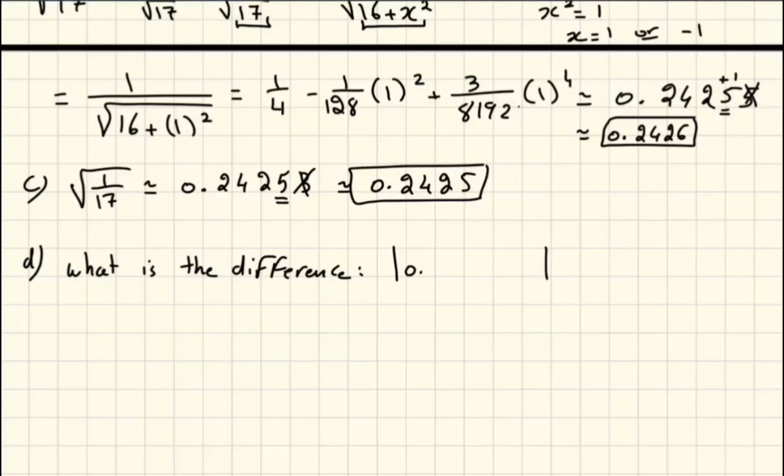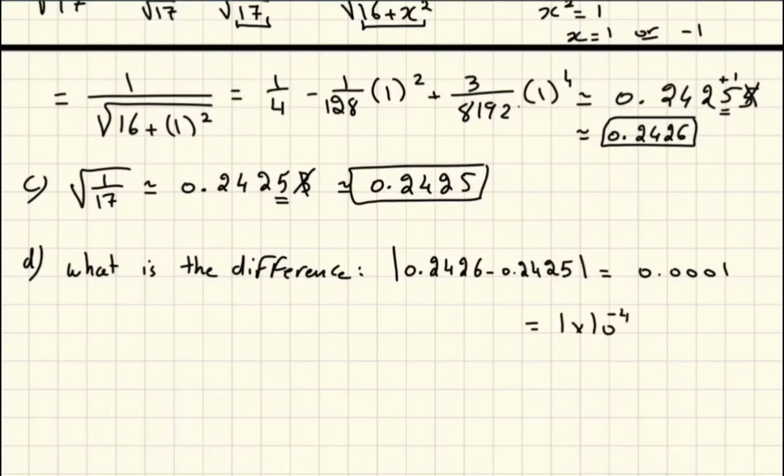So if I write 0.2426 minus 0.2425, my answer will be 0.0001. If you use calculator for this, it will show you 1 times 10 exponent negative 4.